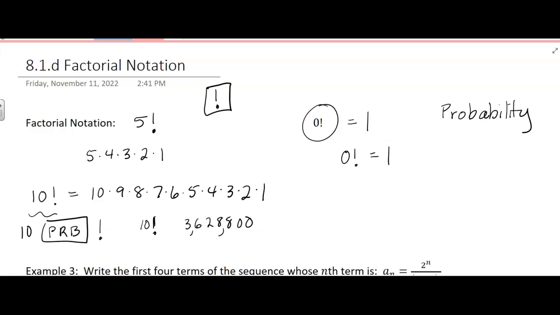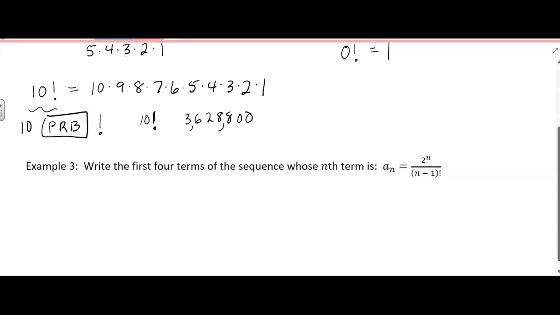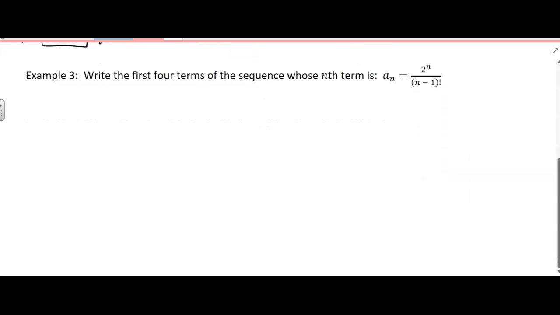And that's permutations and combinations and things like that. I don't know how much we're going to get to do in the next couple weeks with probability, but we might get to do some. Okay, so here we're just introducing factorials, and we're going to use them in some sequences.